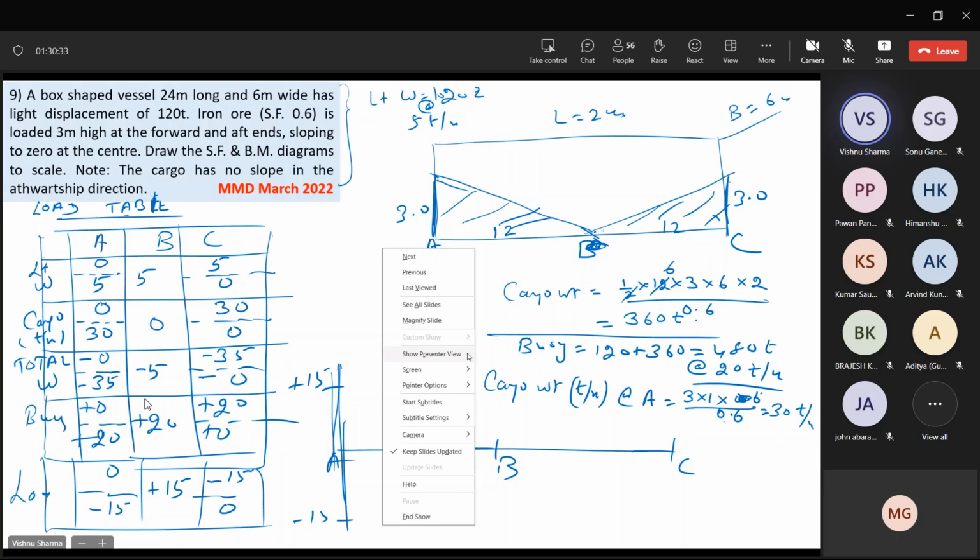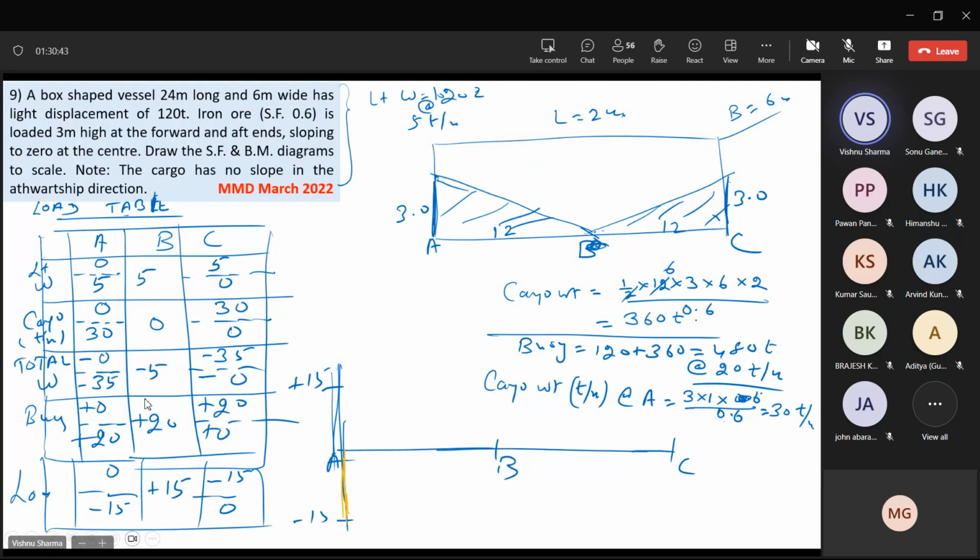And the load diagram will be slanting lines because the cargo is slanting. Okay, so you know that. From 0, it will go to minus 15 at A. Then it goes to plus 15 at B with a straight line, comes to minus 15 at C, becomes 0.